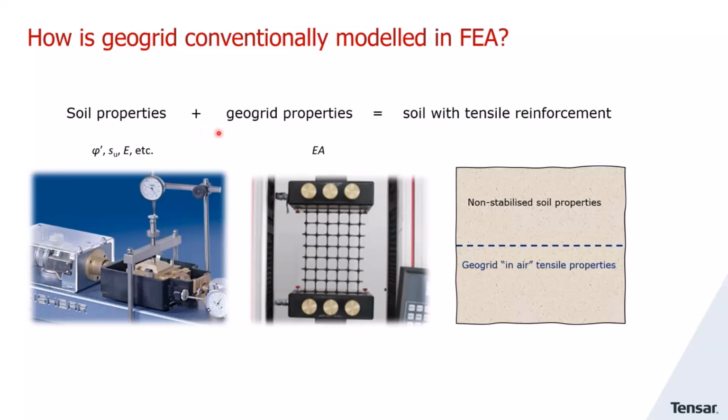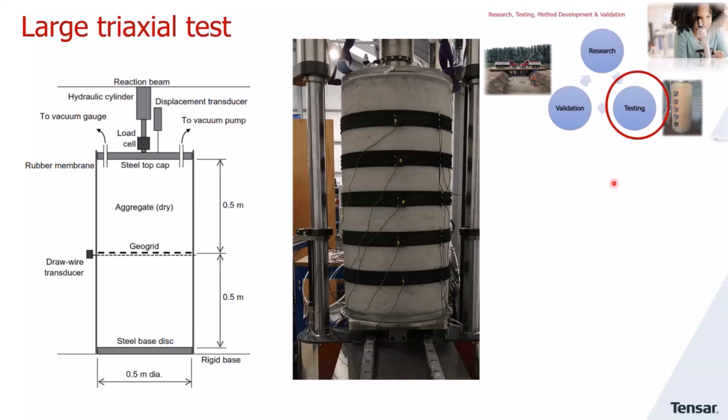So, as I said, the classical approach is to have soil properties and geogrid properties, and then have a soil with a tensile reinforcement. But at Tensar, we approach things differently. We want to know how the soil fill material, the granular material, behaves under the influence of mechanical stabilization.